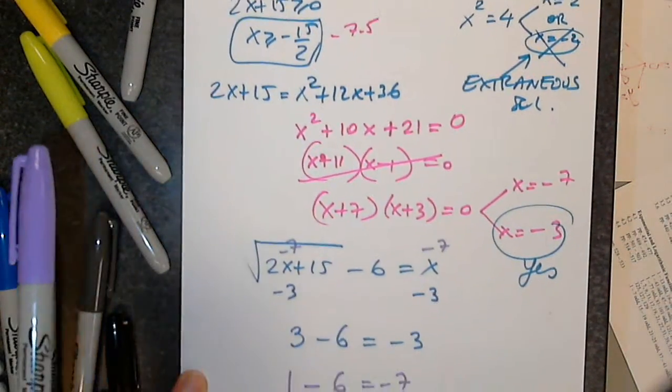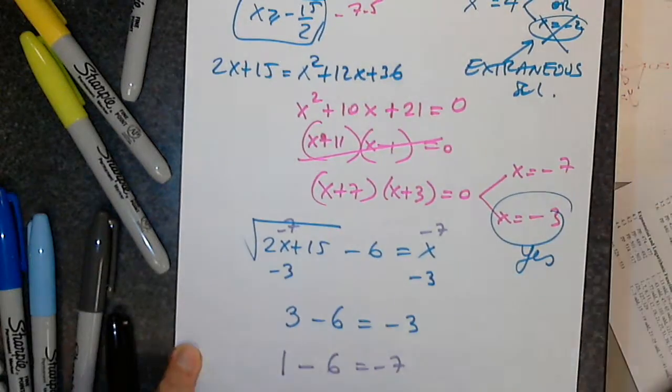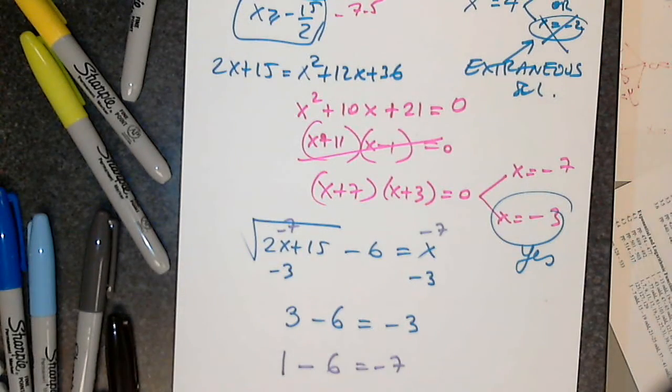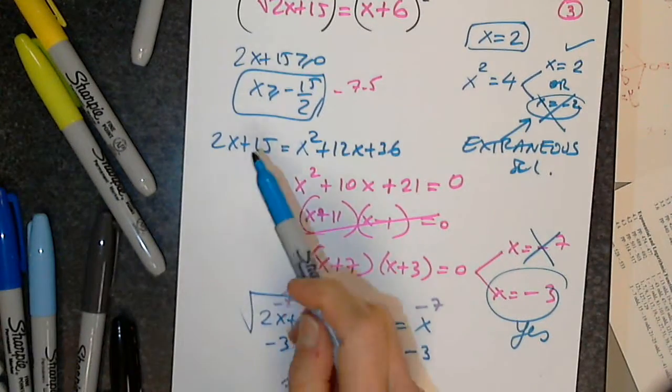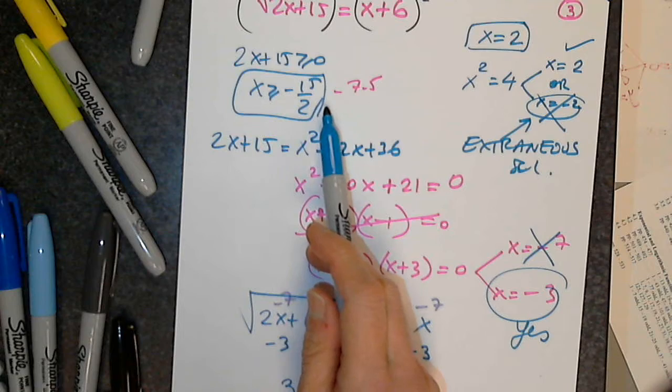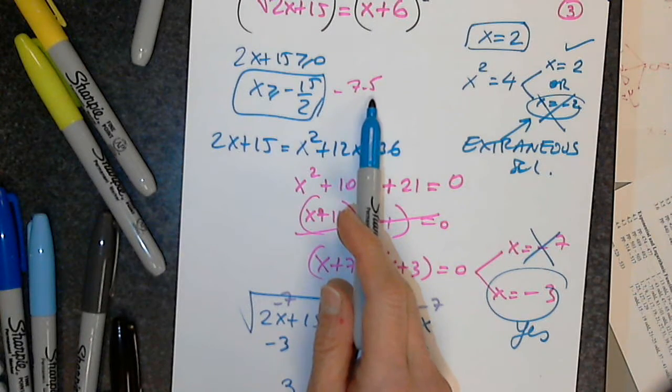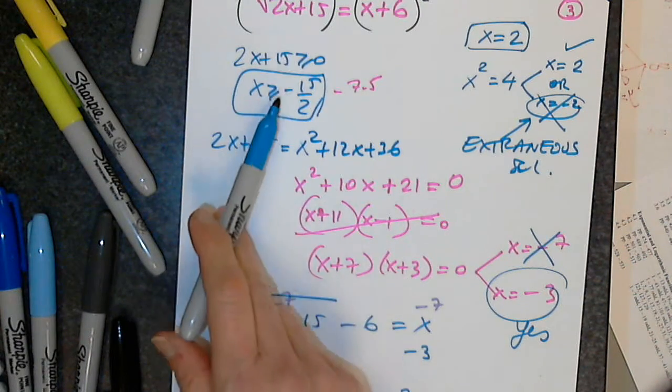Did I copy something else? Did I copy the problem wrongly? Which problem are we doing? No, that's fine. Well, negative 7 doesn't work. Greater than or equal to negative 7.5, right?